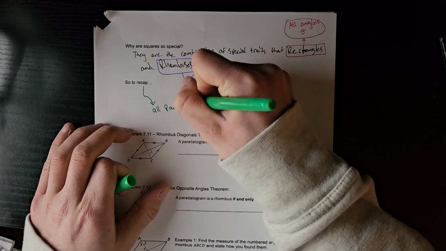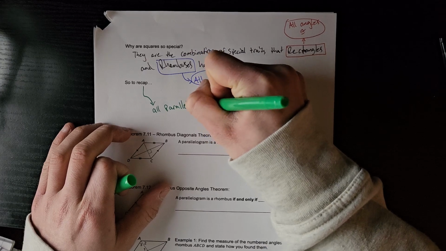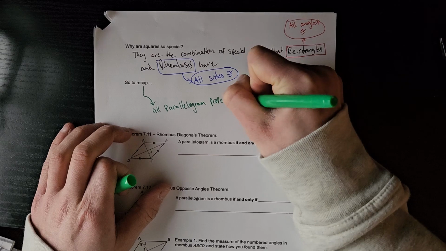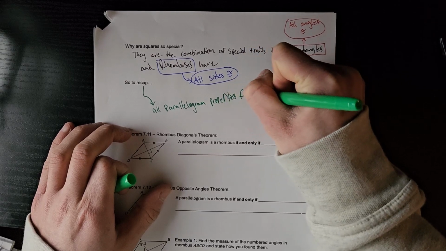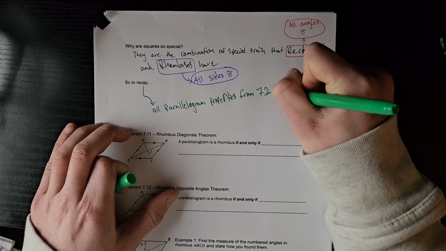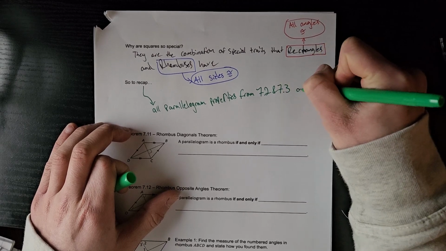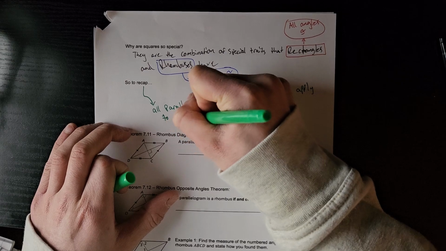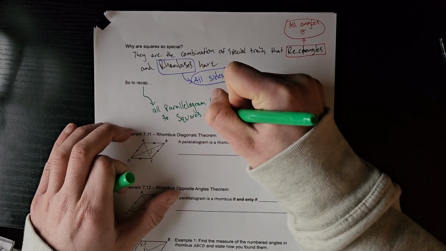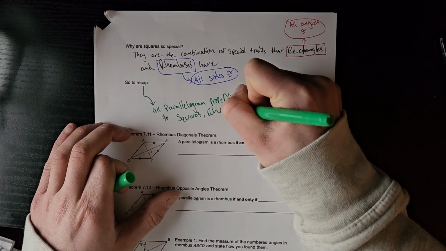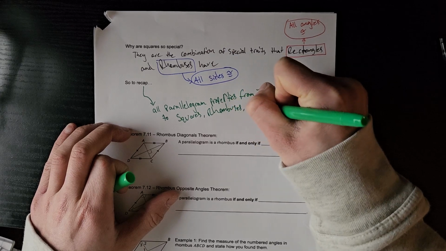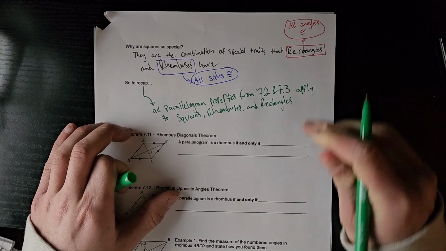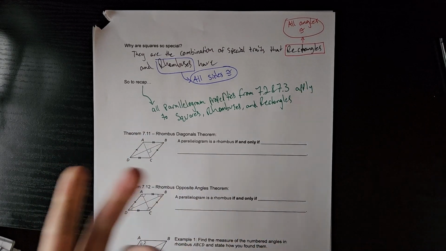All parallelogram properties from 7.2 and 7.3 apply to squares, rhombuses, and rectangles. It's a good thing to know because it is true.